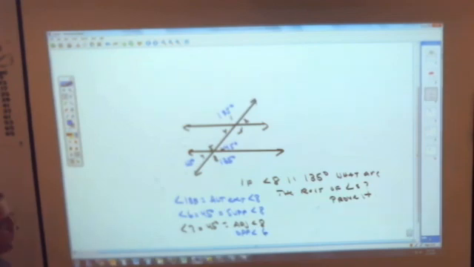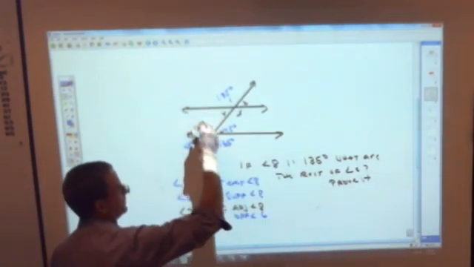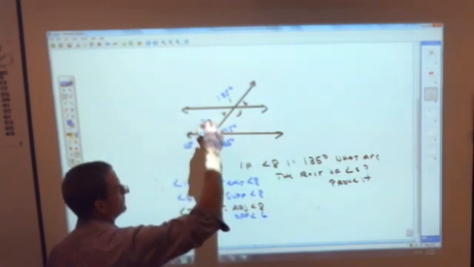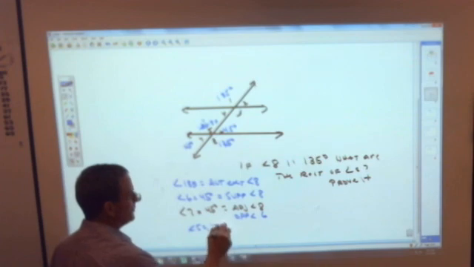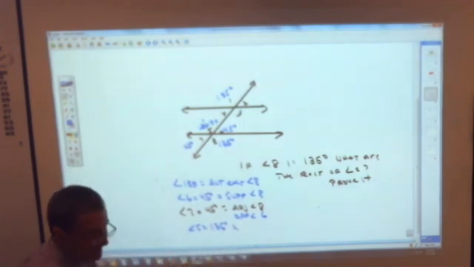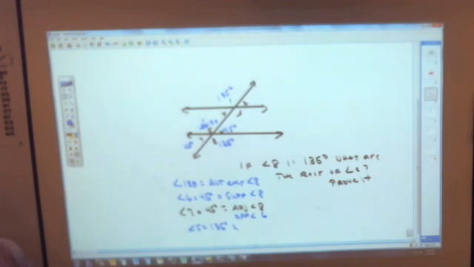Now, how about this? Angle 5, I'm going to tell you, is 135 degrees. Whoa. And you should be able to give me 3 different reasons why that is or could be 135 degrees. And the nice thing about geometry is it lets you really abbreviate it. When you write it down, you can just write blah, blah, blah.